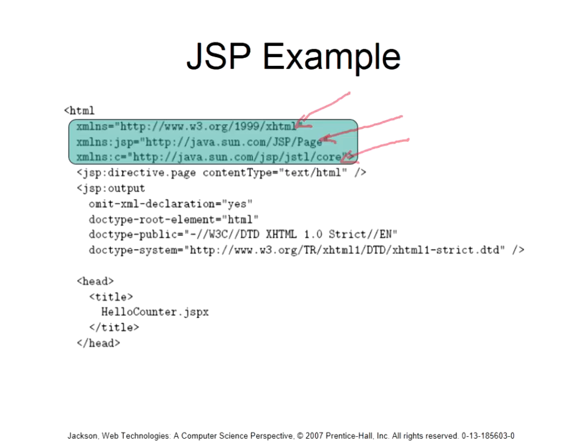After that, what's the meaning of this tag? jsp:directive.page contentType equal text/html. Can you explain this tag to me? In a servlet, this is equivalent to writing what?